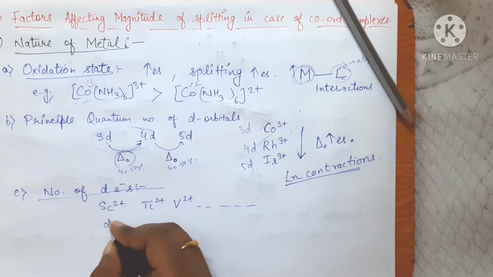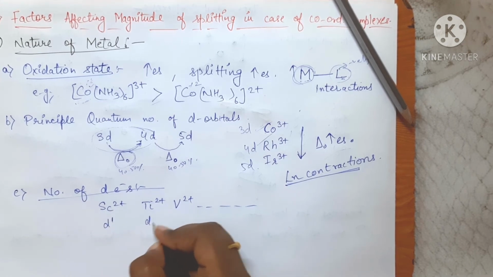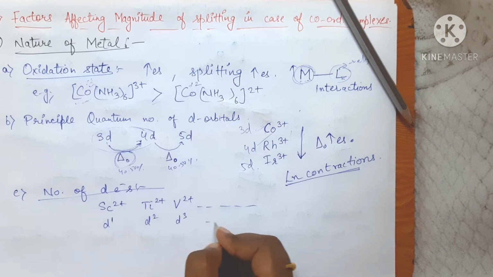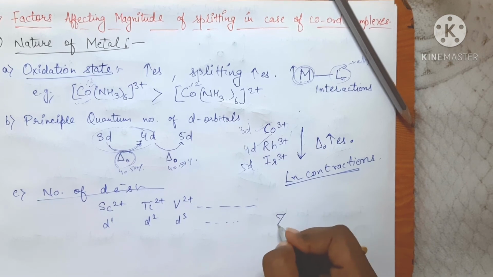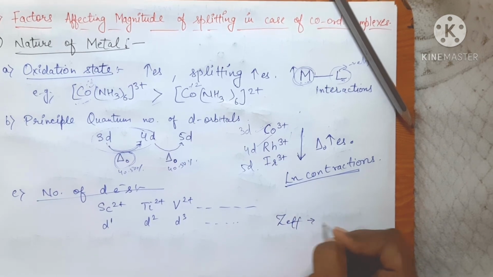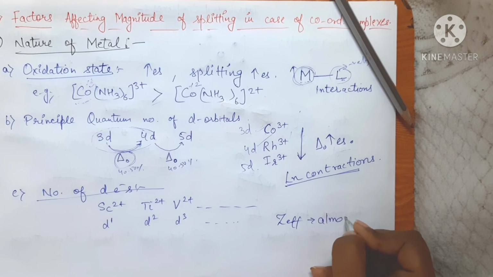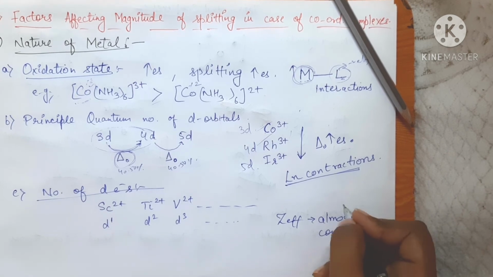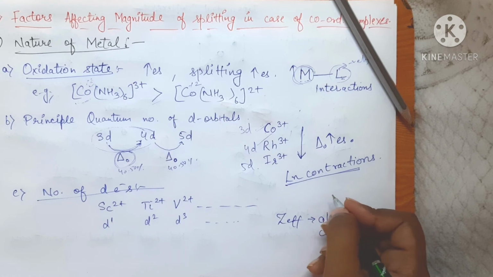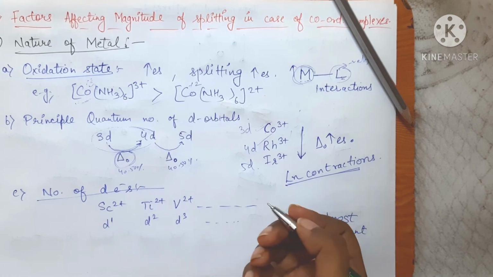Scandium 2+ is having d1 configuration, this is d2, d3 and so on. If we move like this, then Z effective is almost going to remain constant. So Δ can increase or decrease.